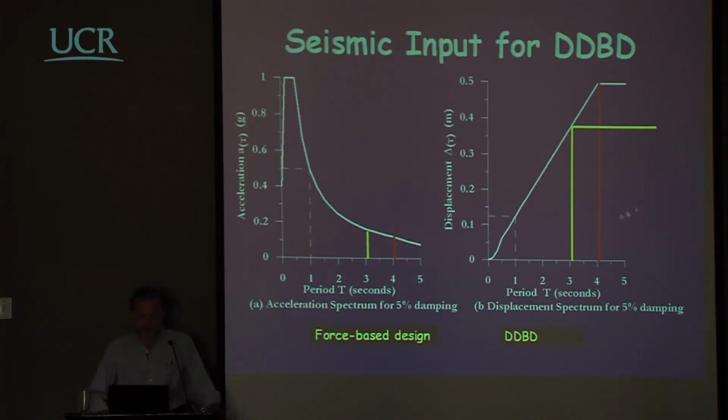The point is that if you have a structure where you use an equivalent stiffness, you have a structure that normally has a much longer period of vibration than what you normally have when you design with force-based methods, and often you use the initial stiffness, the gross stiffness of the structure.